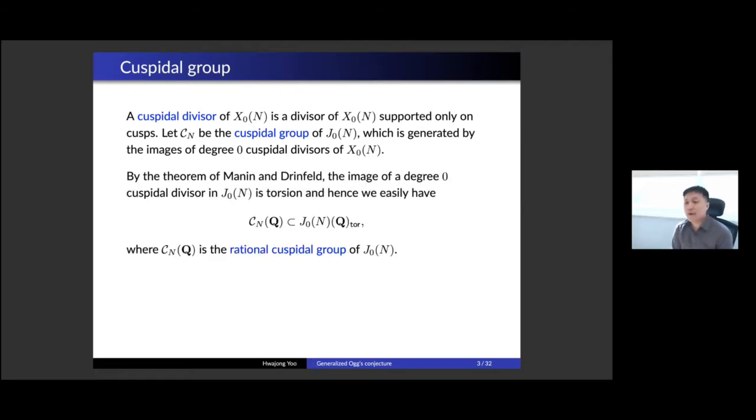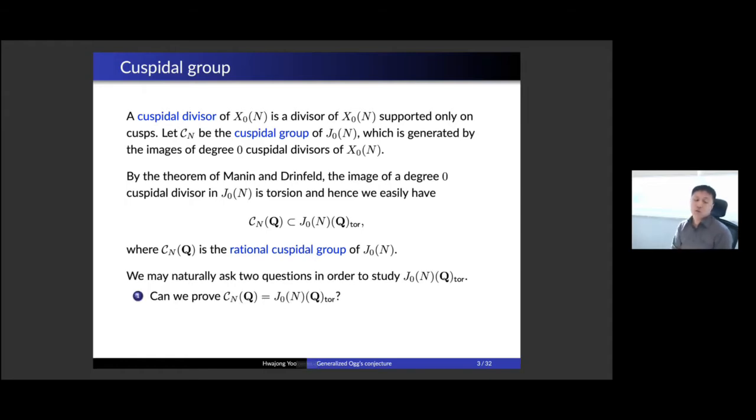By the theorem of Manin and Drinfeld, the image of a cuspidal divisor is always torsion, and therefore the rational points of the cuspidal group are contained in the rational torsion subgroup. The rational points on the cuspidal group are usually called the rational cuspidal group.